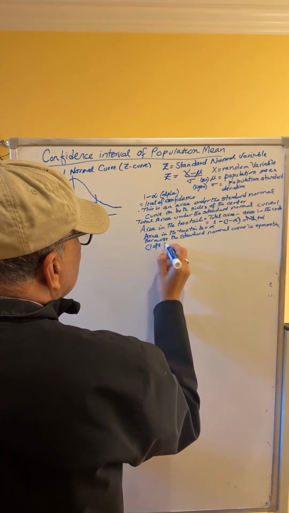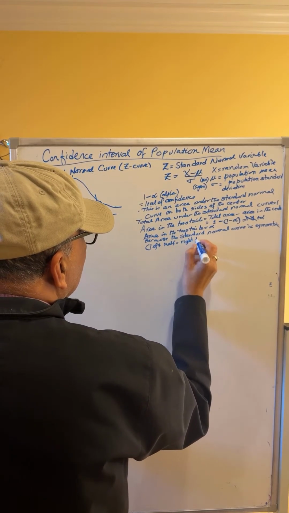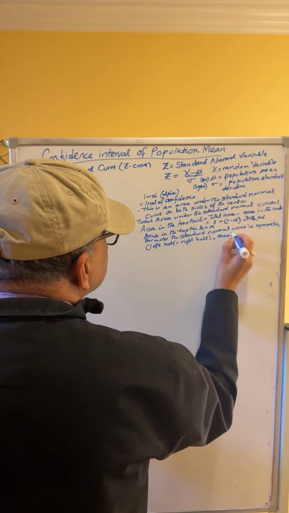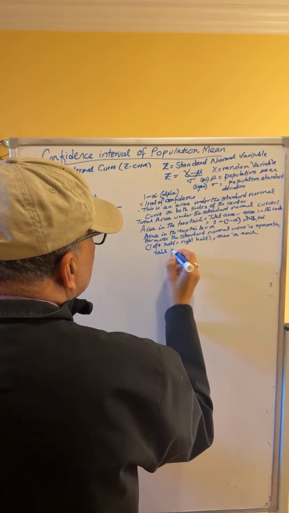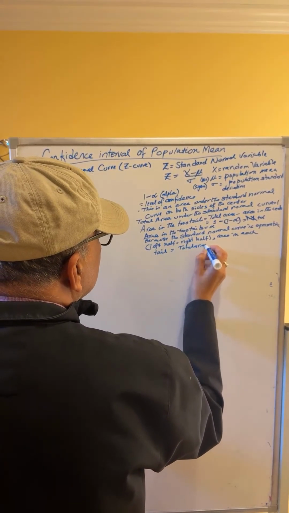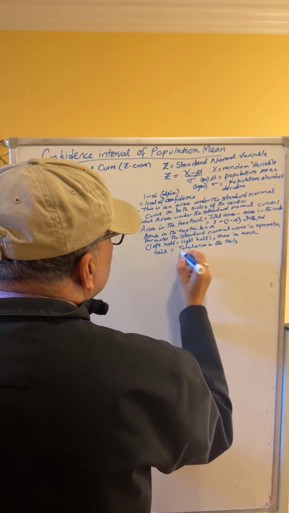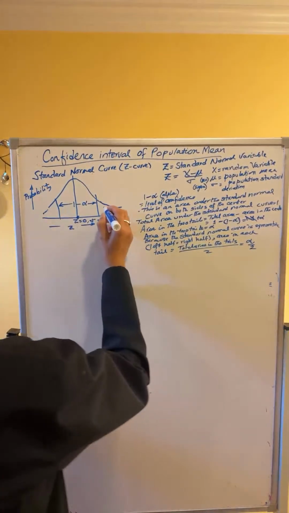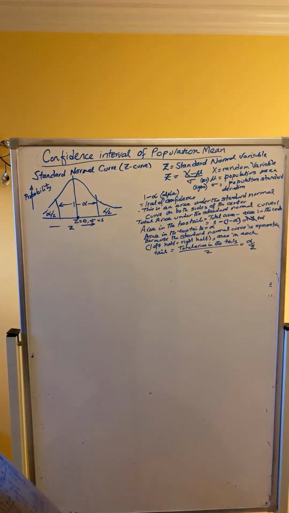The area in each tail is equal to the total area in the tails divided by 2. In the tails, which is alpha, divided by 2, which is alpha divided by 2. So this portion's area is alpha by 2, and this portion is alpha by 2.